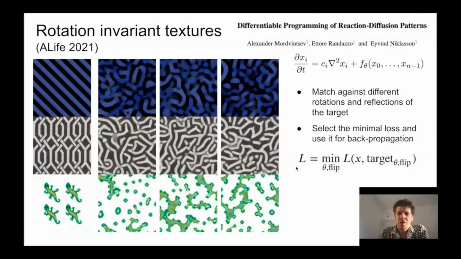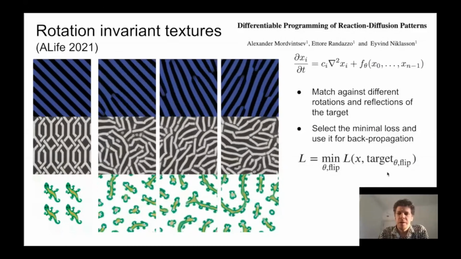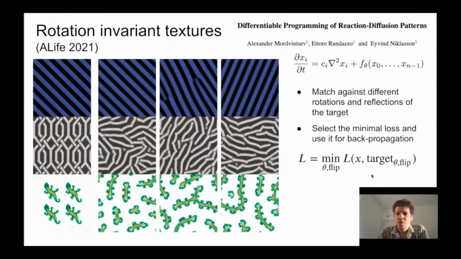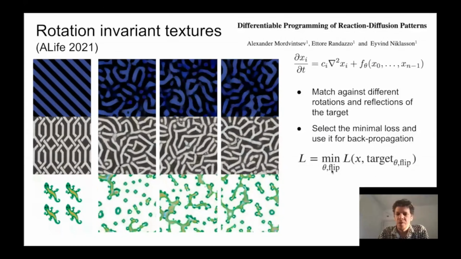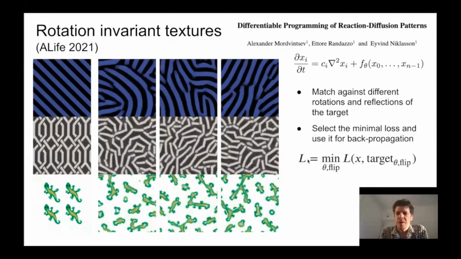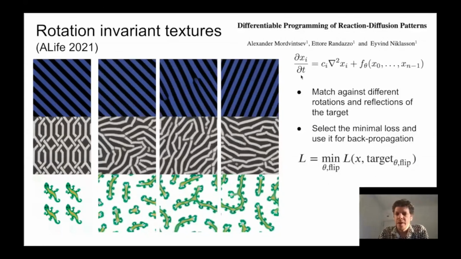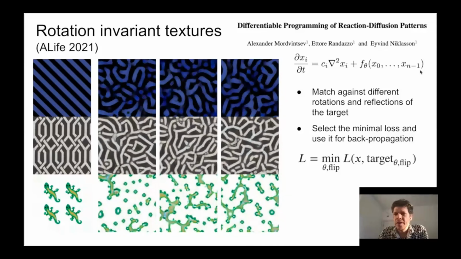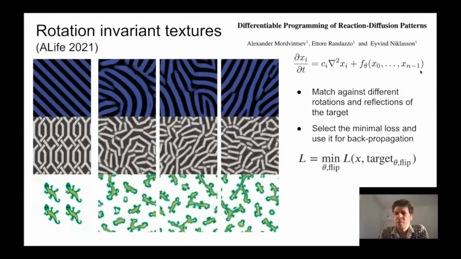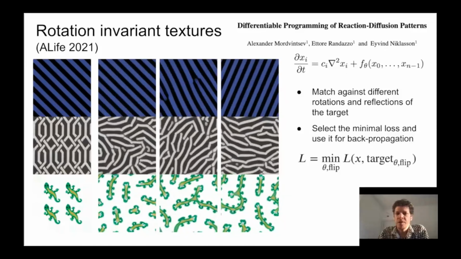We match the current pattern against pre-computed, reflected, and rotated versions of the target, and then select the orientation that produces minimal loss for backpropagation. This way we managed to train isotropic reaction diffusion models, which are also a case of isotropic neural cell automata that are capable of reconstructing anisotropic textures.